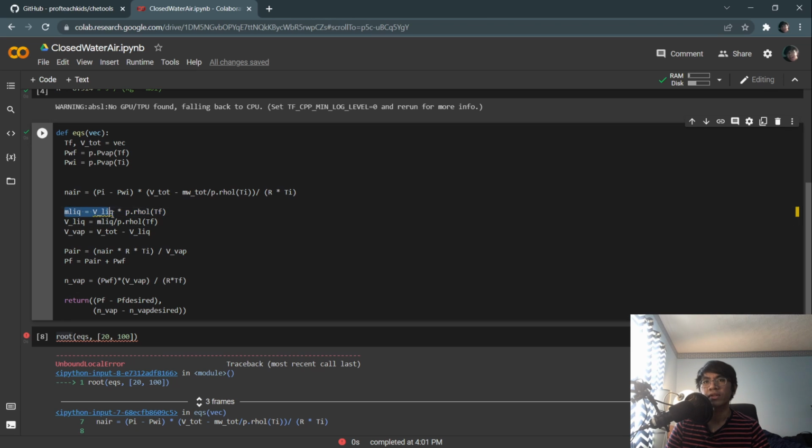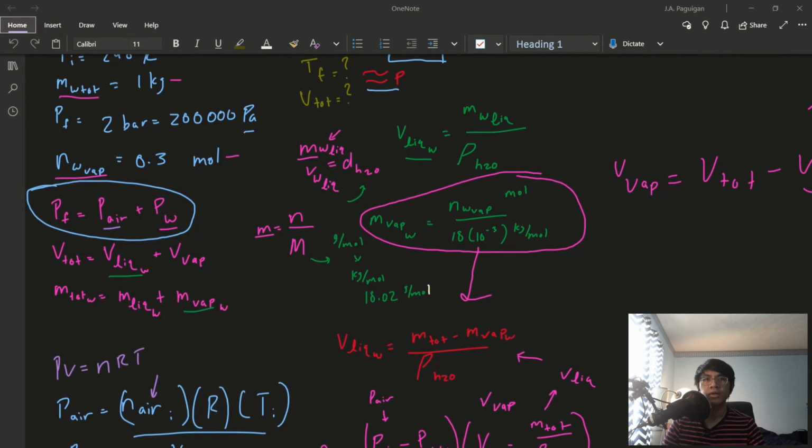I just rewrote this, which doesn't really help us with anything. So let's change that. We want to define our mass of liquid. Let's go back and think about this. We have our mass of liquid, and we want to define this equation back into our other relationships.